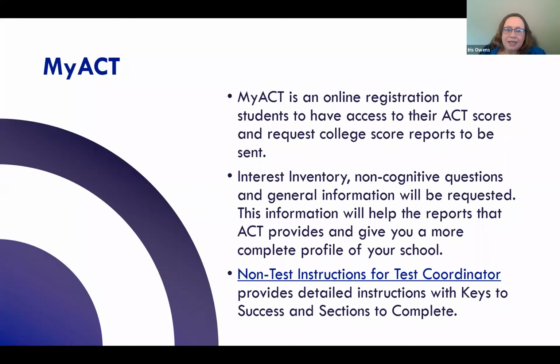So my ACT is where students would register online for tests on a Saturday, a national test, but also for the school-sponsored or state-sponsored test at the school. The interest inventory or the non-cognitive questions, however you want to call that, the general information is requested.